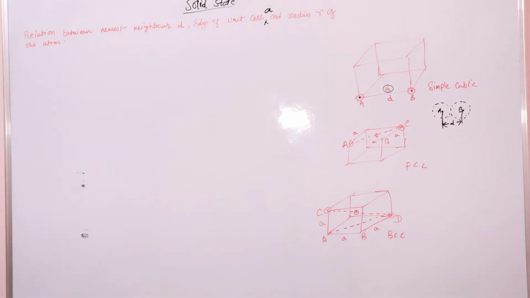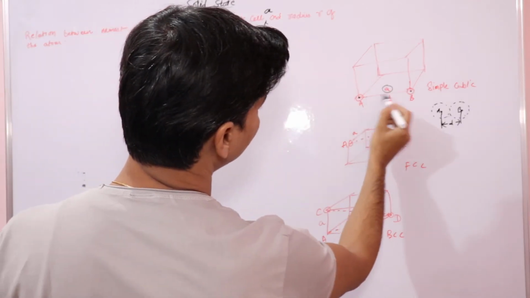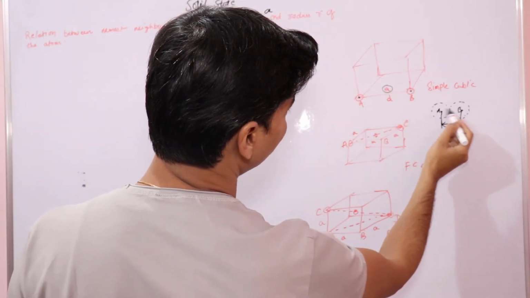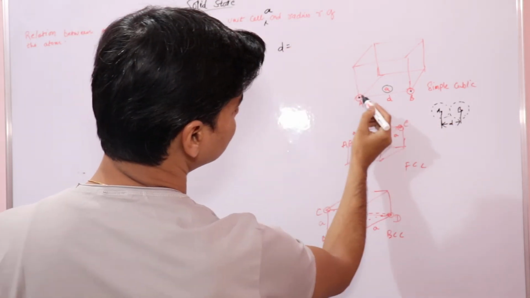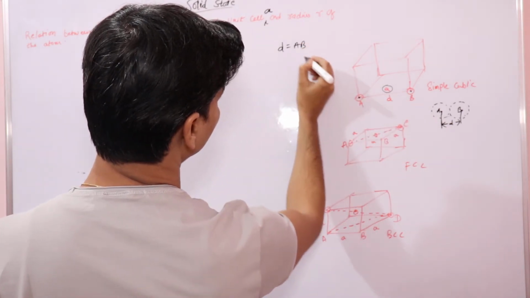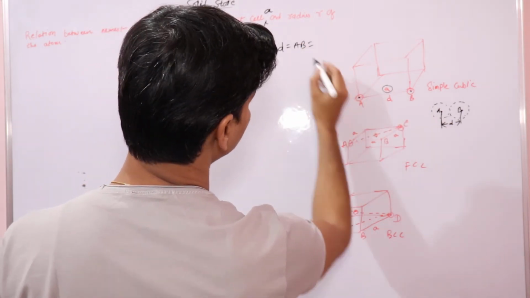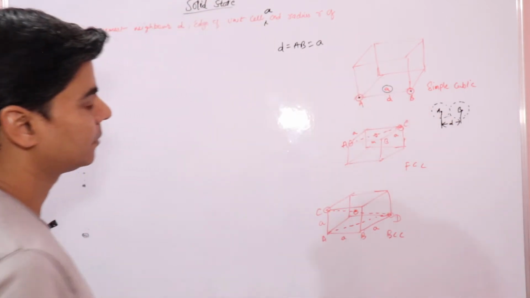We know that D is equal to AB here, the distance between these two particles at A and B, which is equal to the edge of this unit cell A.